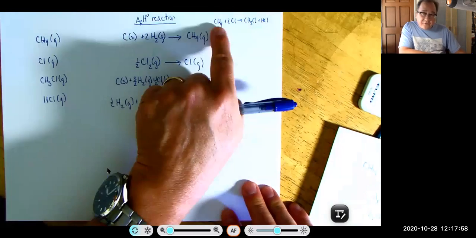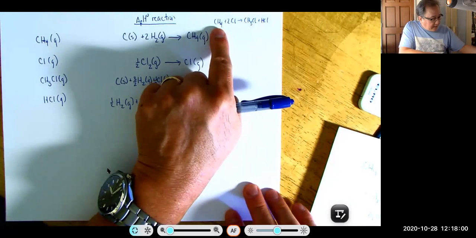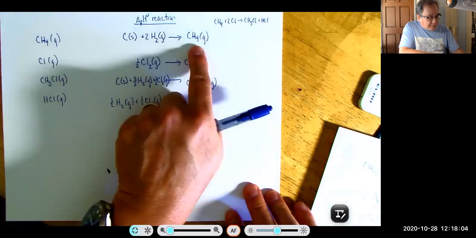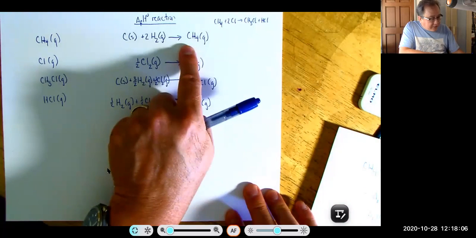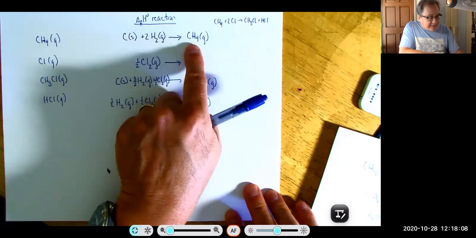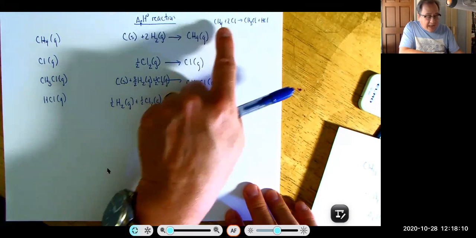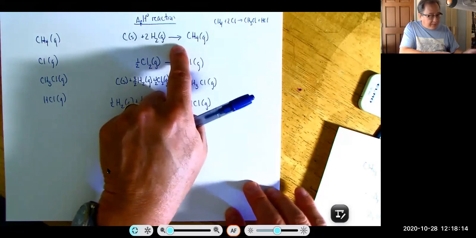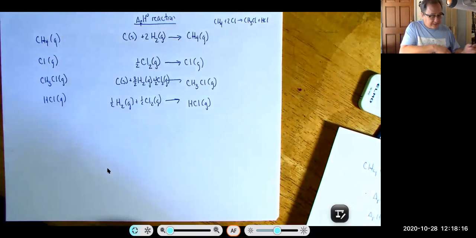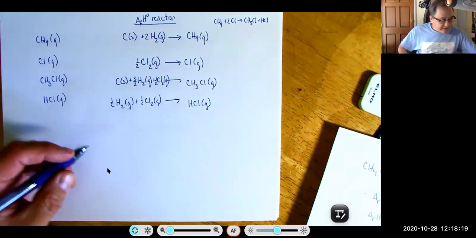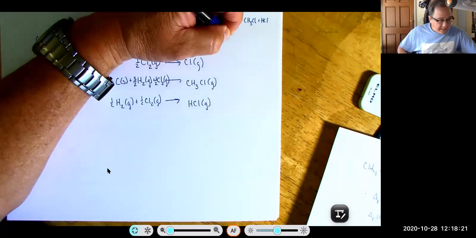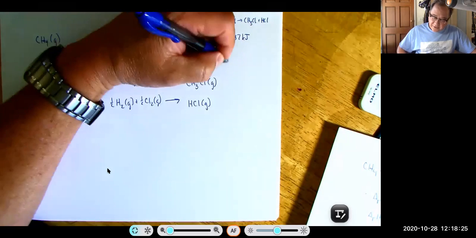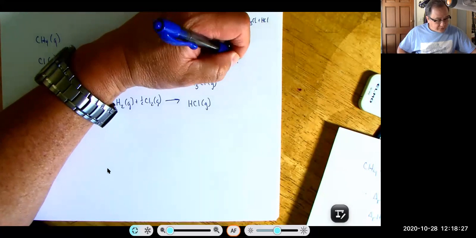I want CH4 in my answer. There's only one reaction here that has CH4 in it, and it's the first one. In this reaction, CH4 is a product, but here I need it as a reactant. So I need to change this equation so it shows CH4 as a reactant. Now, the value for this is minus 74.87 kilojoules. The value for this one is 121.3 kilojoules.